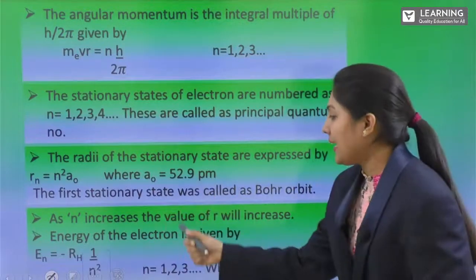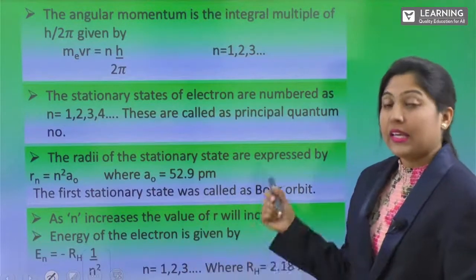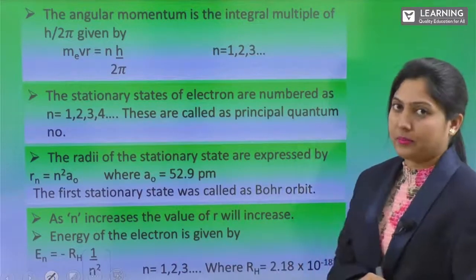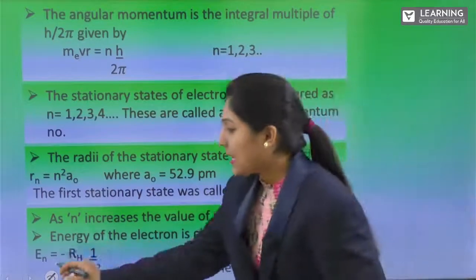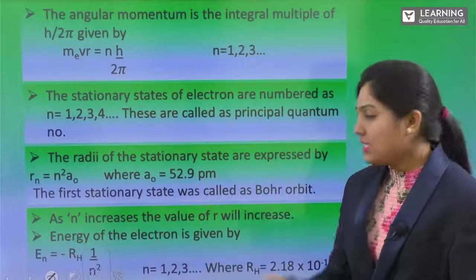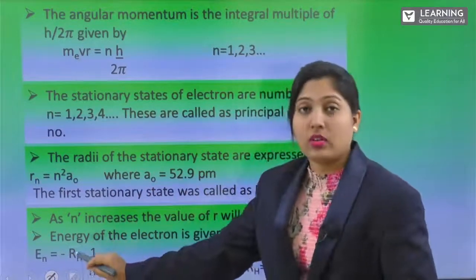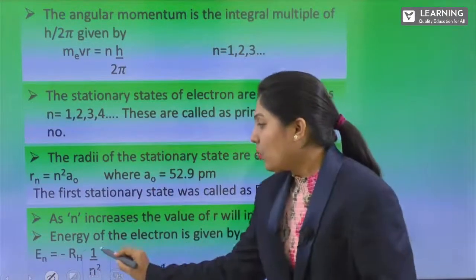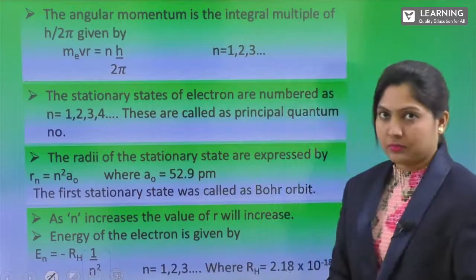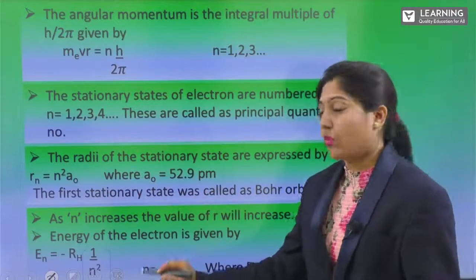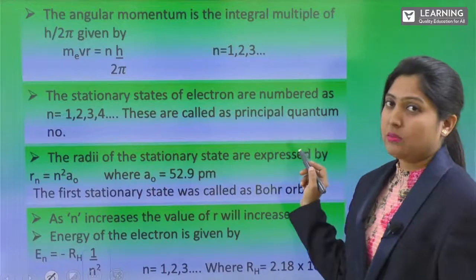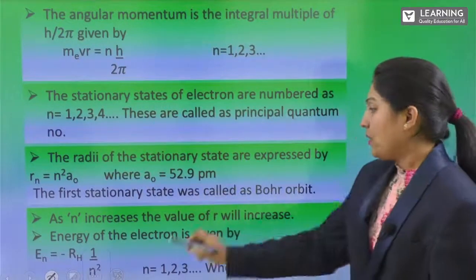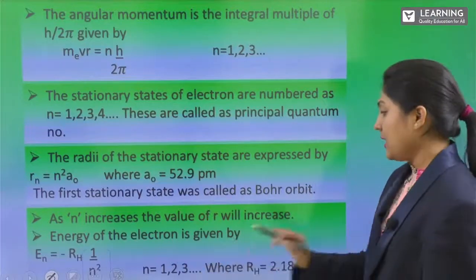So how will the energy of an electron be given? We have En is equal to minus RH, as we already know, RH is the Rydberg constant, into 1 by n square. n is again the principal quantum number which refers to the number of stationary states, where n is equal to 1, 2, 3 and so on.